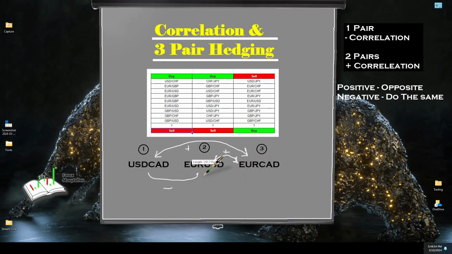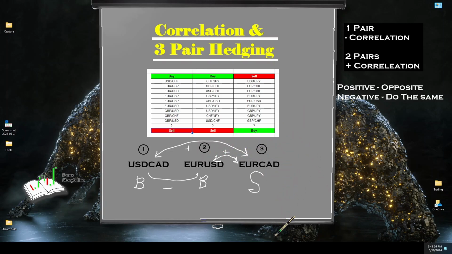So if we were using the buy example, we would have a buy on our Euro. We would have a buy on the CAD because we're doing the same thing on the negatives. And then we would sell the Euro CAD. And now if we compare that to the USD CAD, we're now following that rule of positive. We're doing the opposite of what we have on that pair as a positive correlation.